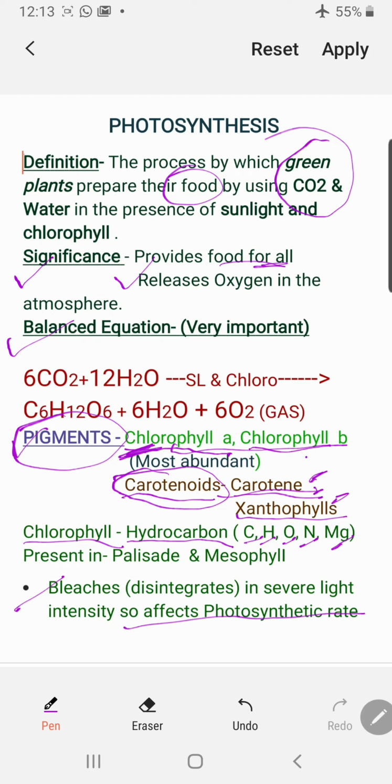That's why we always say that initially when you increase light, the photosynthetic rate also increases, but if light intensity keeps on increasing more and more, it ceases the rate of photosynthesis. Now you know the reason why. Because more light intensity damages and disintegrates the chlorophyll, and the moment chlorophyll is broken down, it will not be able to perform photosynthetic activity efficiently. Right, children?